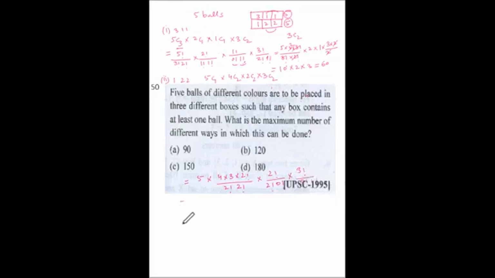So this is 5 into 2 into 3 into 1 into 3, which is 90. Total cases are 90 plus 60. So answer is C.